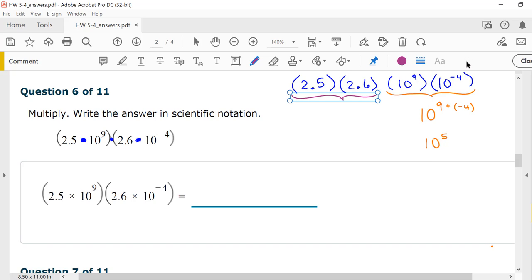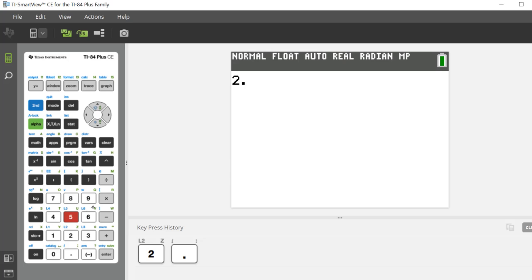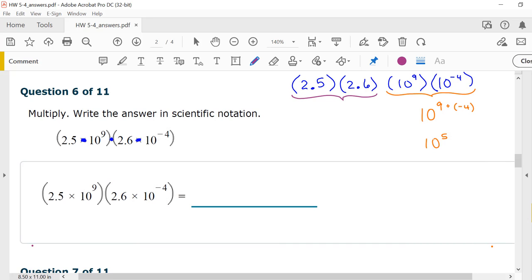You can go to the side and do that by pencil and paper, or use your calculator. What is 2.5 times 2.6? It's 6.5. So my answer would be 6.5 times 10 to the 5th.